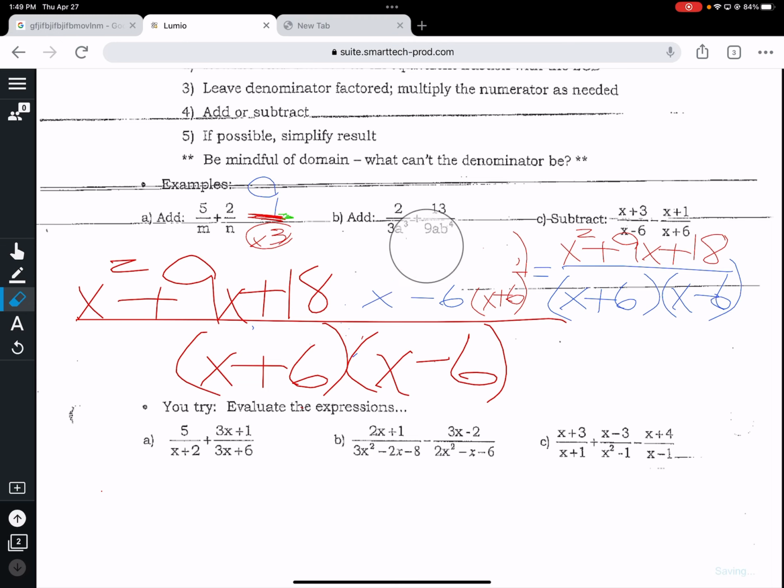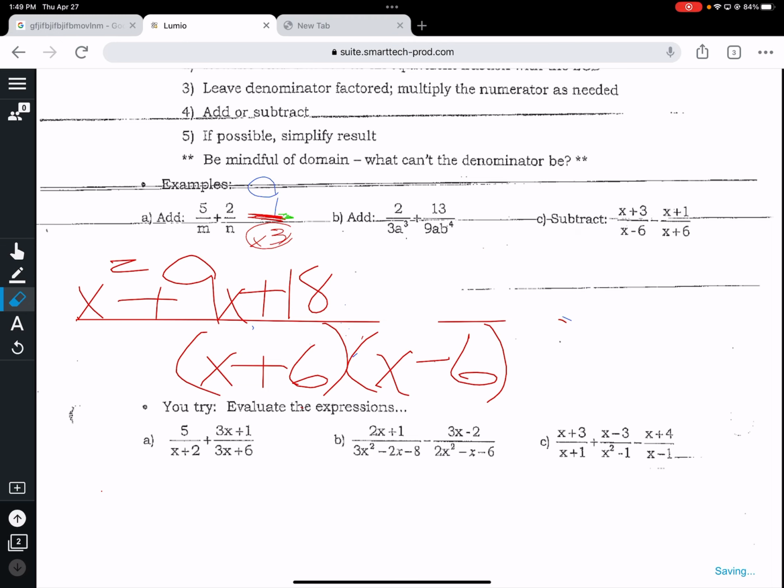Then the second fraction, what am I going to have to multiply it by to get to the new fraction? X minus 6. Now, let me say something. This is subtraction.